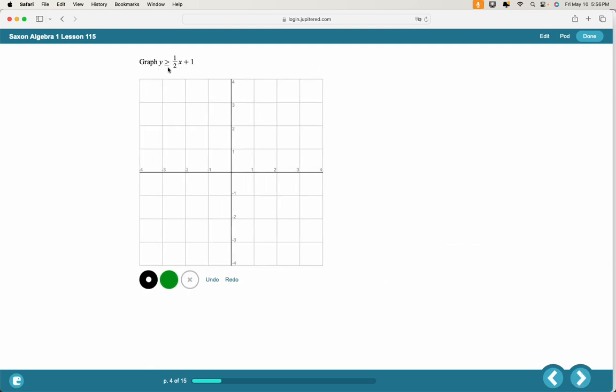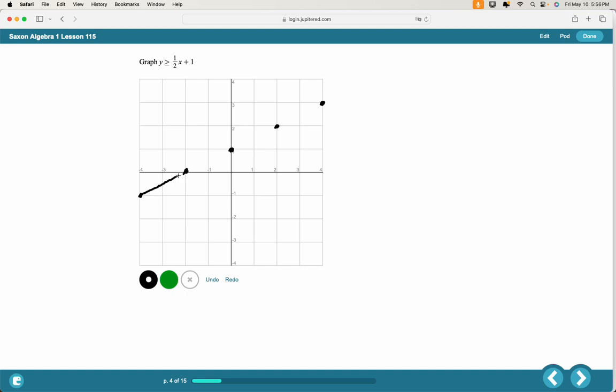Y is greater than. So greater than, we're looking for points above the line, and it is or equal to, so it's a solid line. So I look first for my plus b, my y-intercept. That's going to be +1, so put my dot here. And now I look for my slope, which is 1 over 2, and it's positive, so that means it's up 1 over 2. So up 1 over 2, up 1 over 2, and I'm going to work that way backwards to get a straight line.